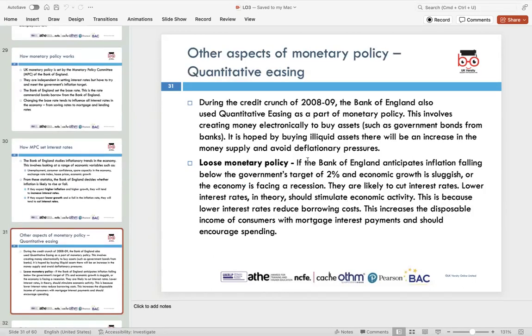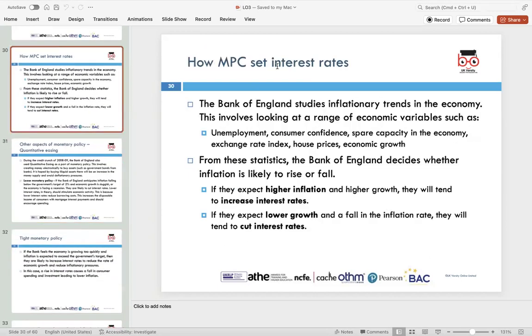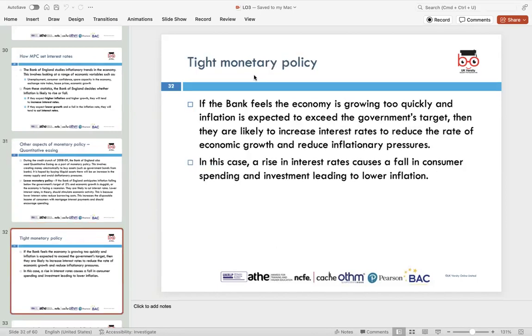Tight monetary policy. As we discussed previously, what is tight monetary policy? If the Bank of England perceives that the economy is expanding at an excessively rapid pace, and that inflation is anticipated to surpass the government's aim, it is possible that they would raise interest rates in order to decrease the rate of economic expansion and reduce inflationary pressure.